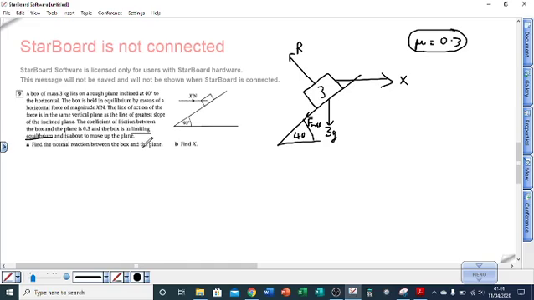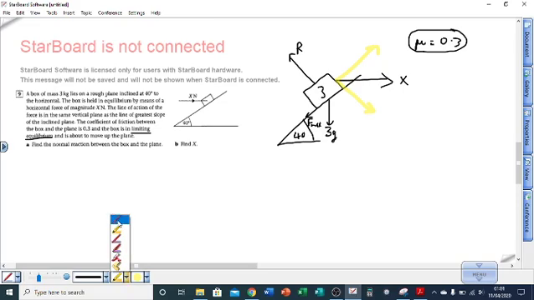So we've got to find R, the reaction between the box and the plane, and find X. So what we've got to do is componentalize these two forces. If I componentalize this force, I've got one going in that direction and a component going in that direction.